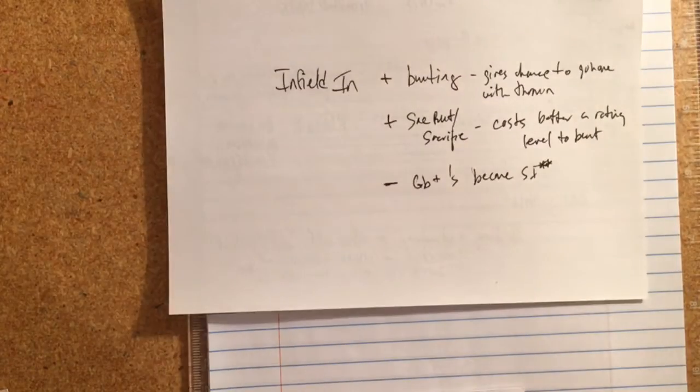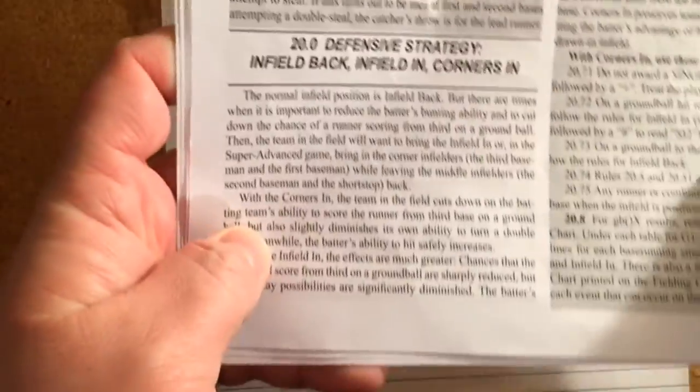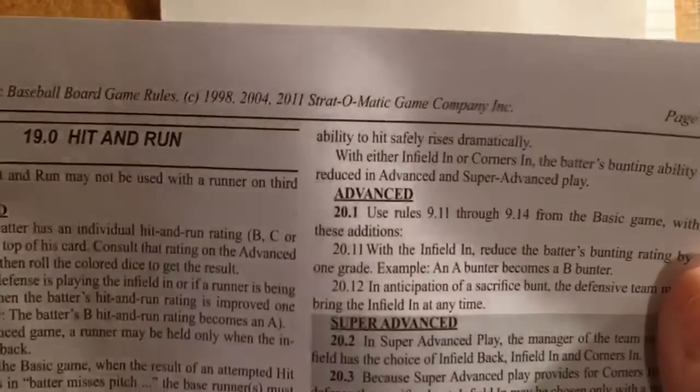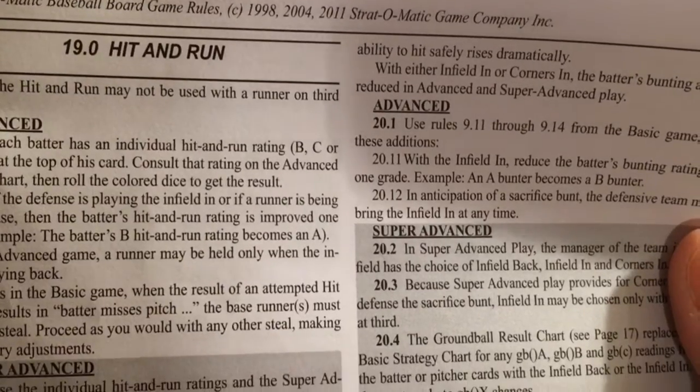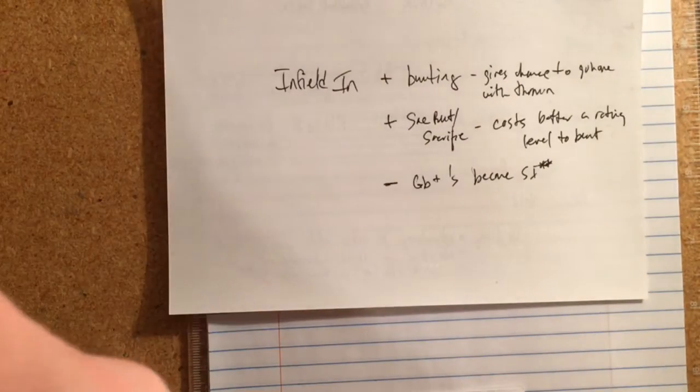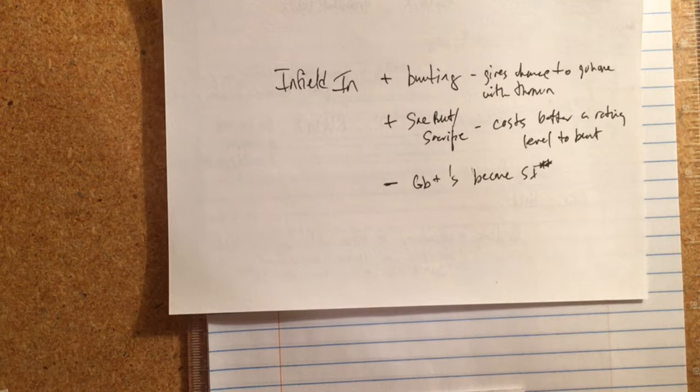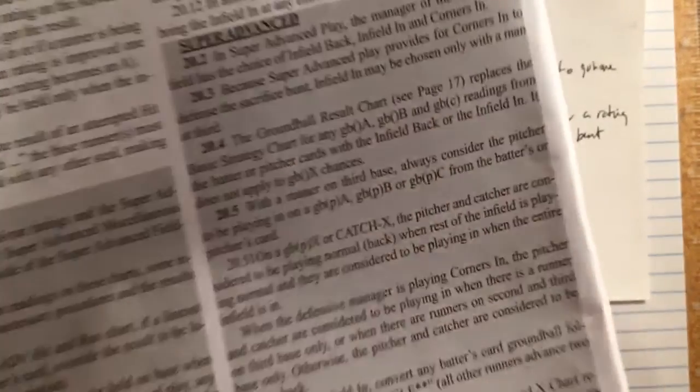Now corners in, I'm not sure there's actually, I don't think you can go corners in advanced. I've gone back and forth. It only mentions it in the super advanced. No, I guess it does say it right here. Corners in. The funny thing is that they don't really talk about corners in without the super advanced being grayed out.